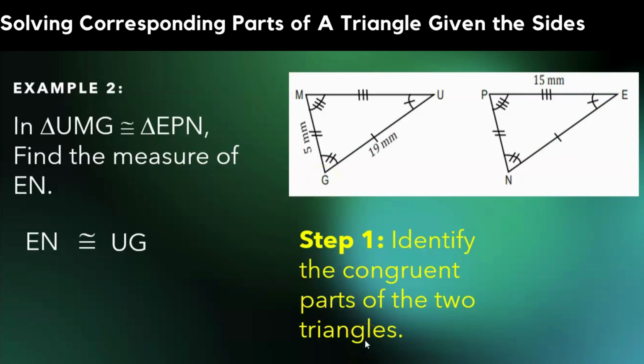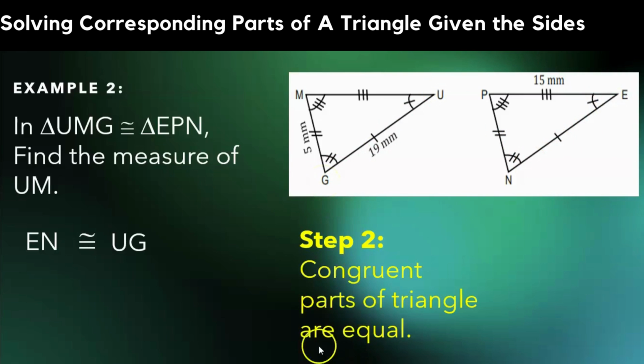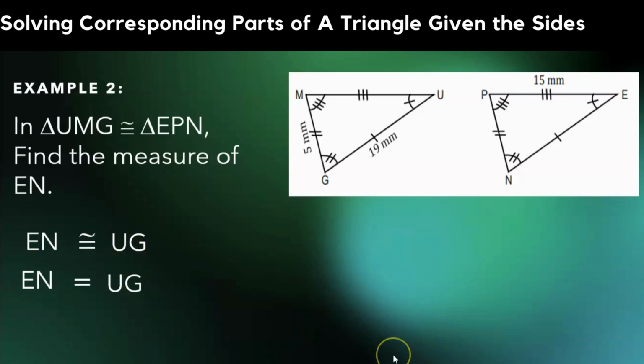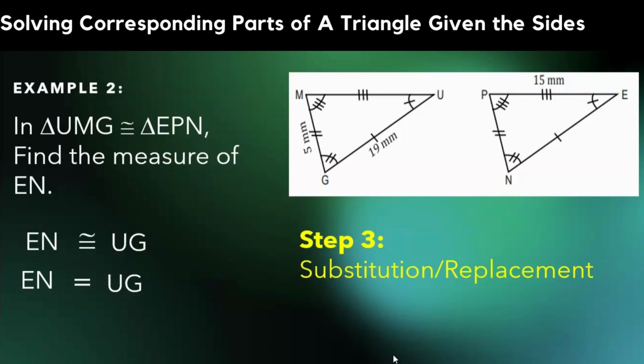Okay, step 2. Since they are congruent, we can say EN is equal to UG. Now, step 3. We are now going to have substitution or replacement. Tingnan po si EN sa ating figure.